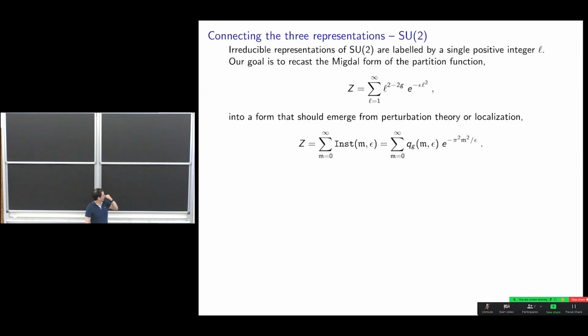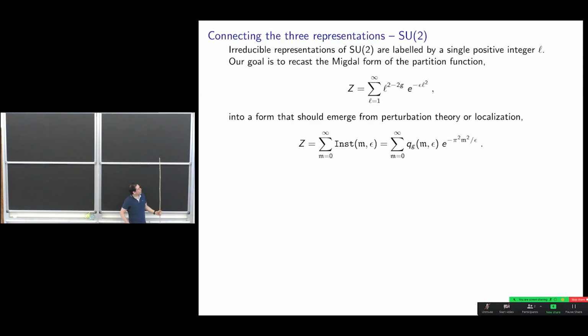Right, so I'm going to discuss a rank 1 example to keep things simple, and we can start from the Migdal form of the partition function. SU(2) representations are labeled by this single positive integer L. So Migdal tells us that this is the result that you get from computing the partition function with the lattice approach.